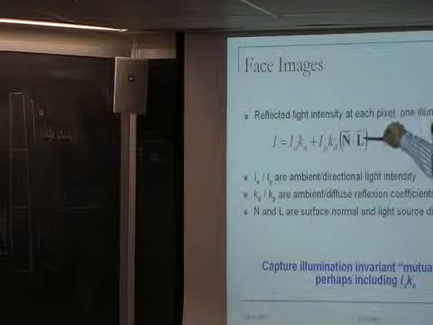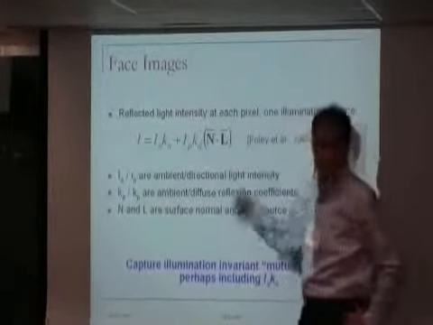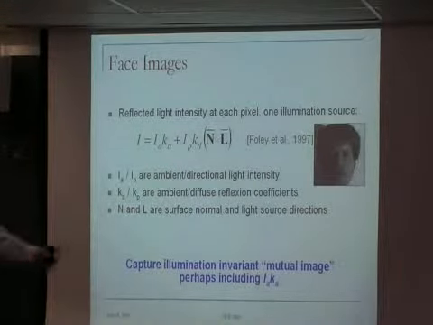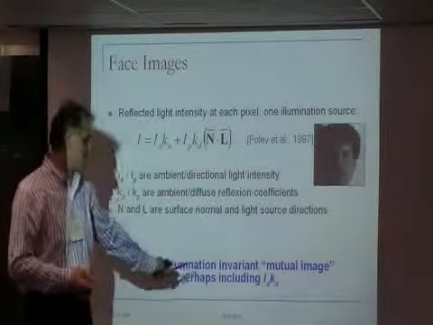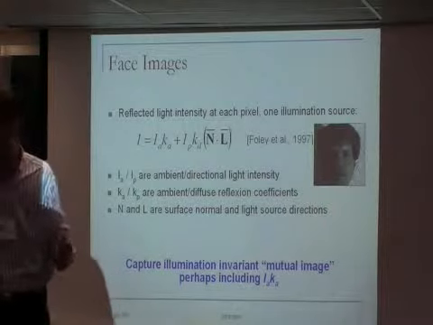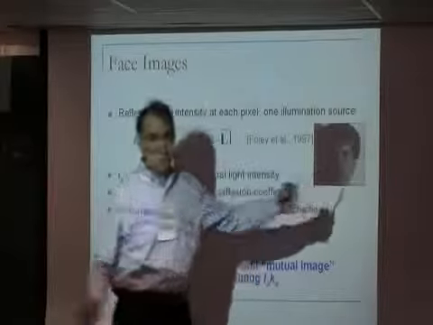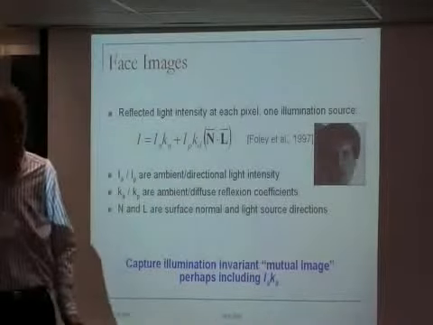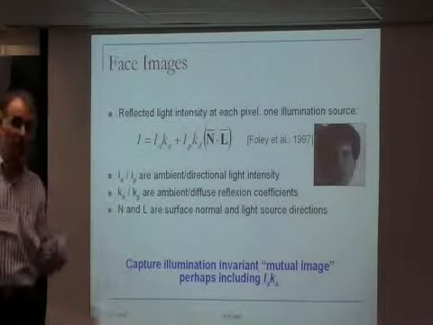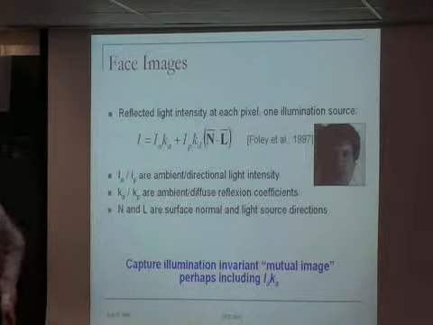Of course, those are modulated by the direction of the light source and the normal to the surface at that particular pixel. Again, can I capture some invariant component which would be present in 10, 15, 20 images under various conditions? That would be my mutual image. In the previous case, that would be my mutual speech signature.